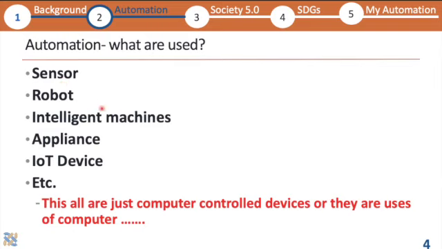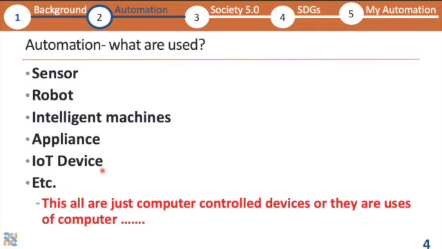We have robots, and intelligent machines that can make decisions, like the automatic car or a drone for home delivery of products. They can take intelligent decisions. We have IoT devices extensively used in automation.